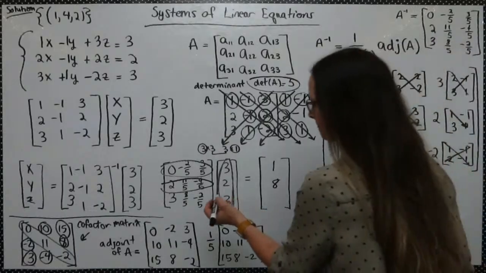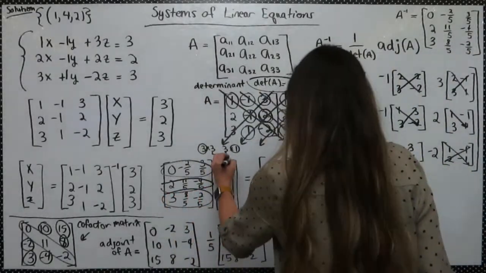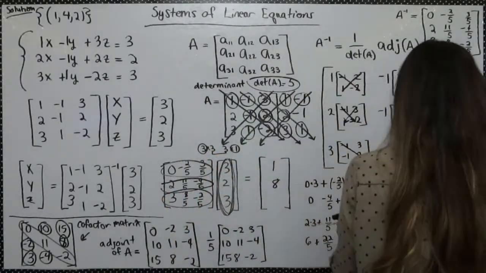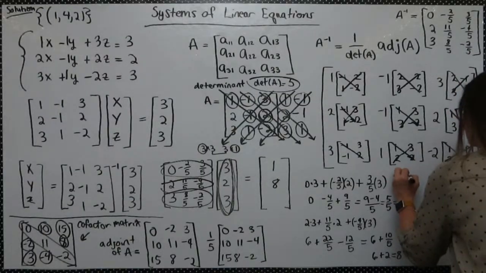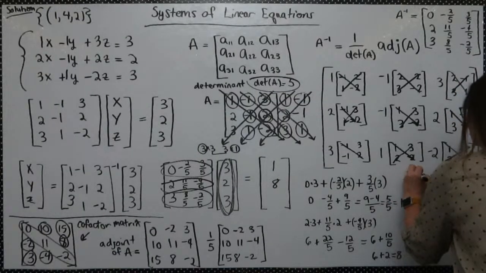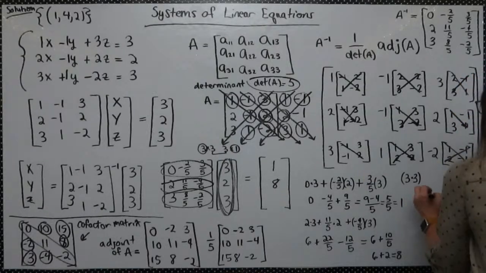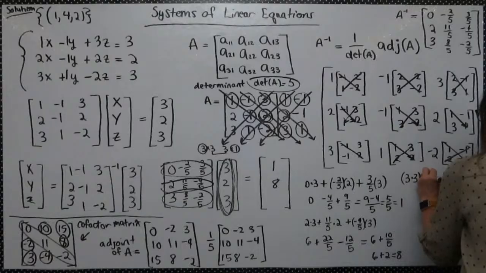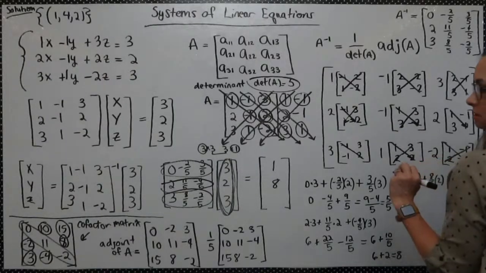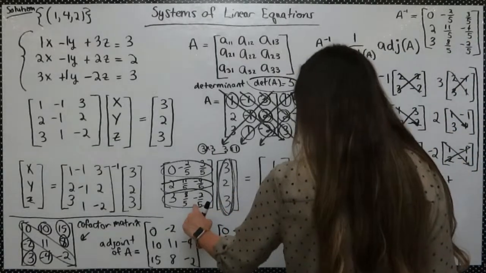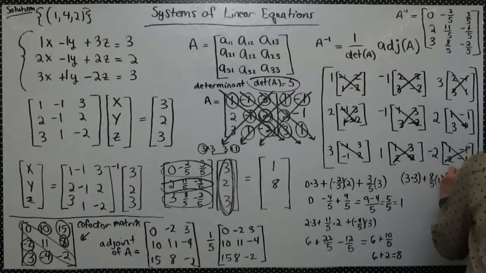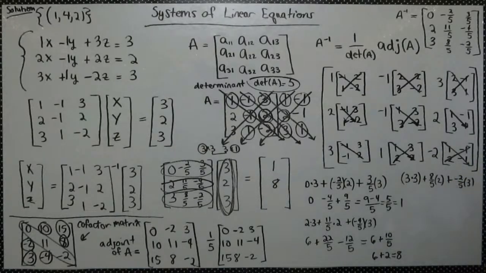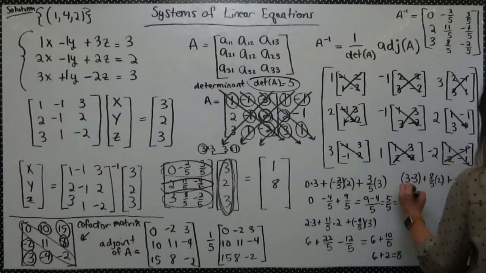This row times this column is going to be 3 times 3. The more likelihood is that I've made a mistake, though, but that's okay. We'll figure it out. 8/5 times 2, plus negative 2/5 times 3. So 3 times 3 is 9.